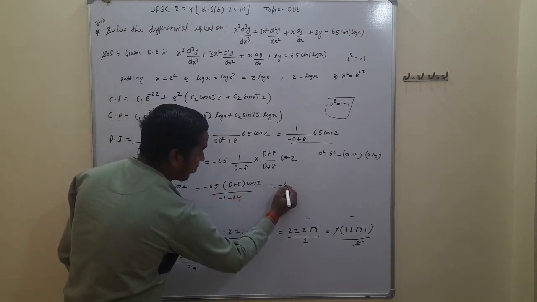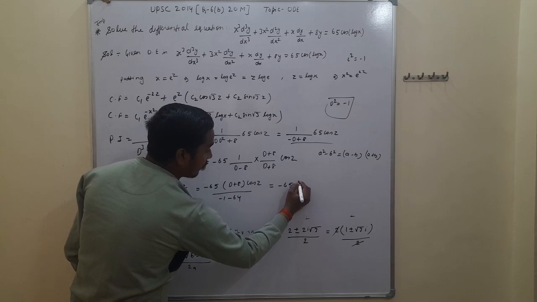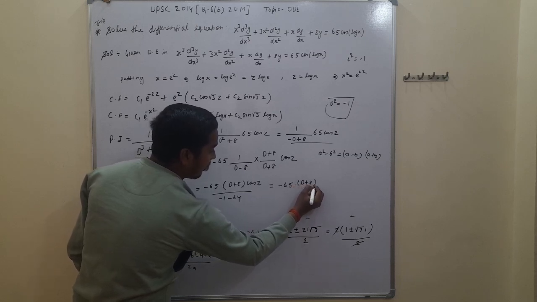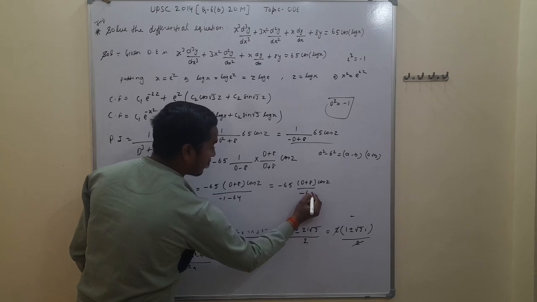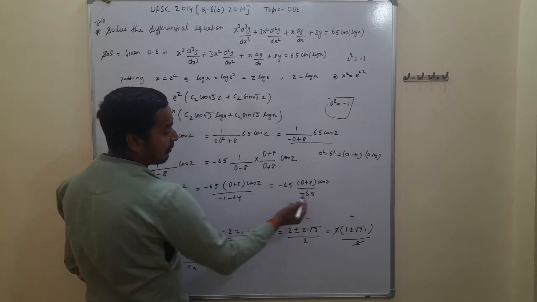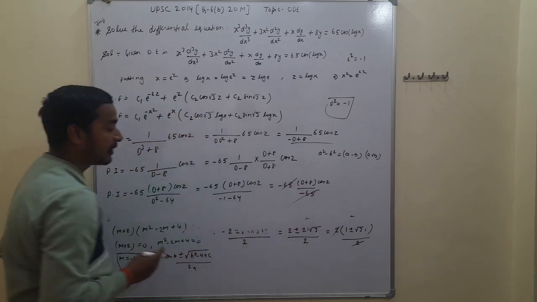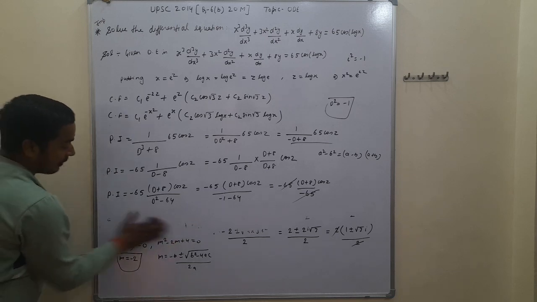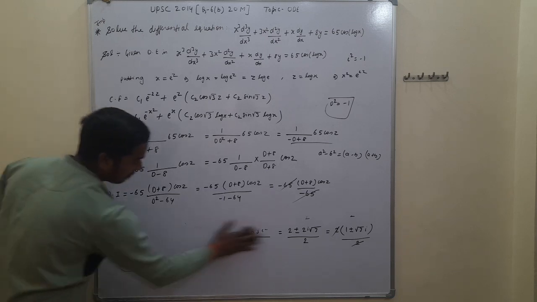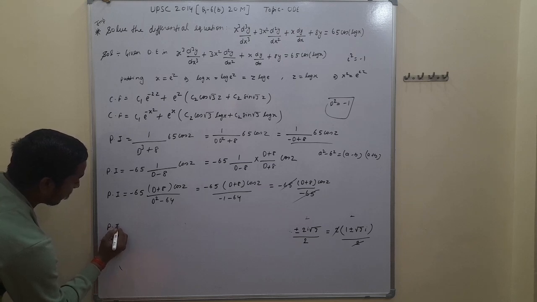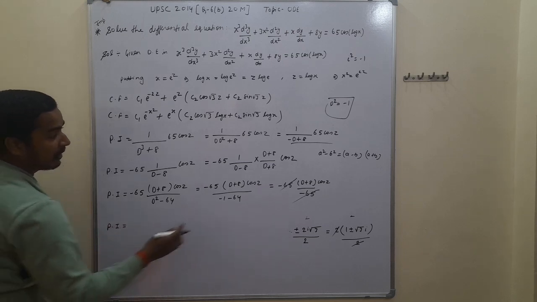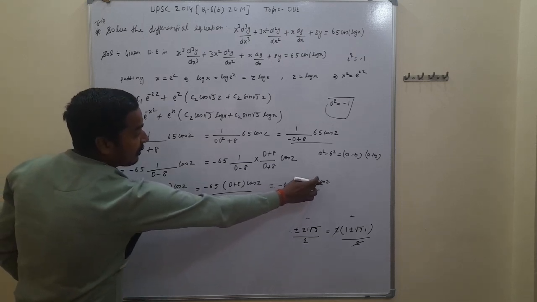This is given by minus 65 into (d plus 8) into cos z upon minus 65, and from here minus 65 cancels out. The particular integral is equal to (d plus 8) into cos z.